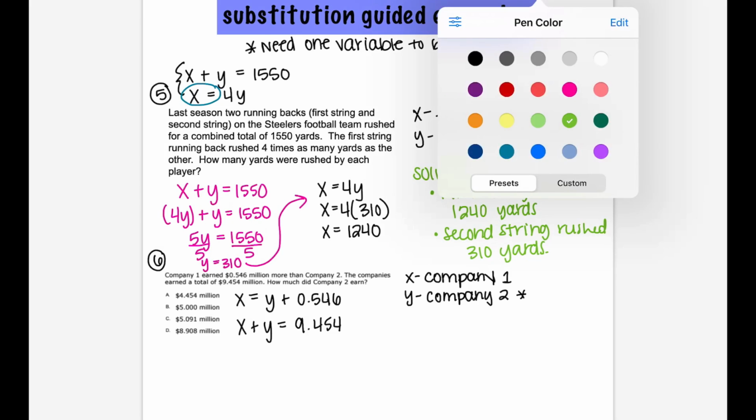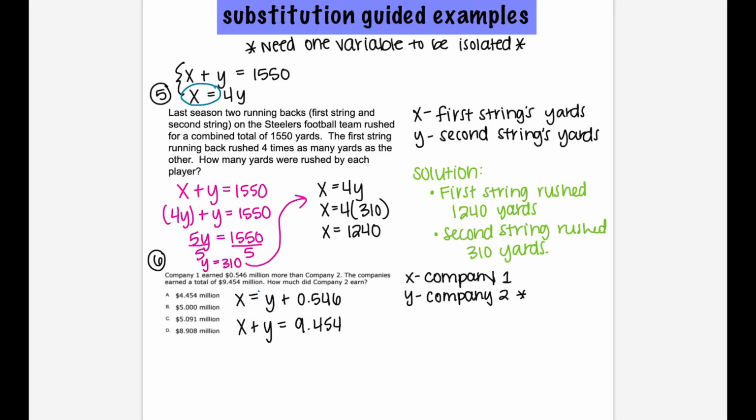All right, well, before we can use substitution, we've got to check. Do we have a variable that's isolated? The answer to that would be yes, because we have X equals all by itself.